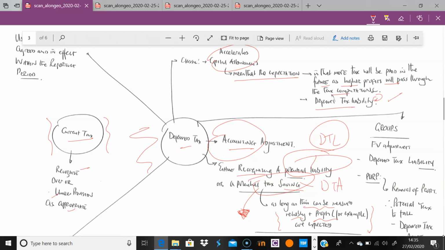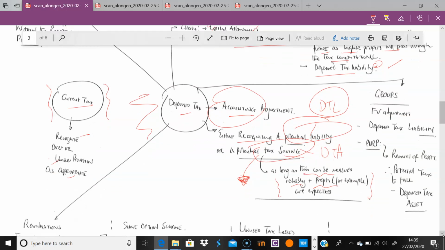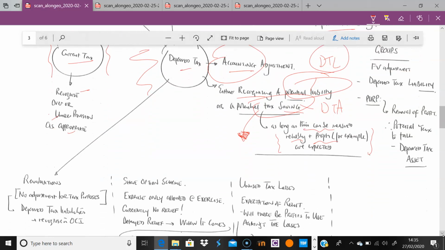Sometimes we have revaluations, which I have written just in the corner there. So the other examples here are revaluations. Typically, you have a revaluation where the carrying amount has now increased much higher than the tax base.